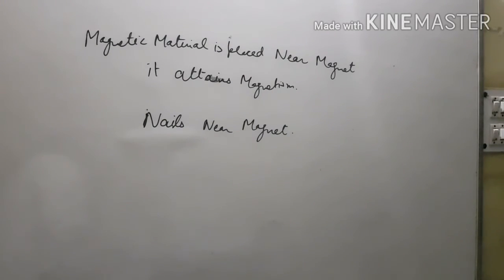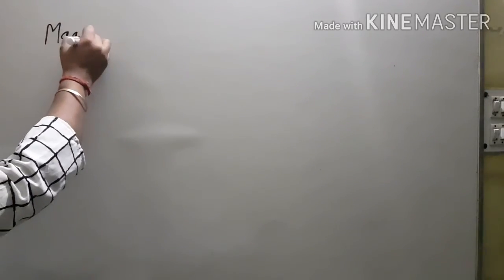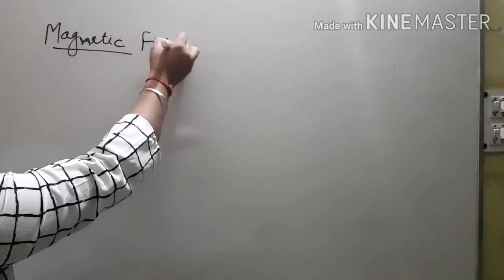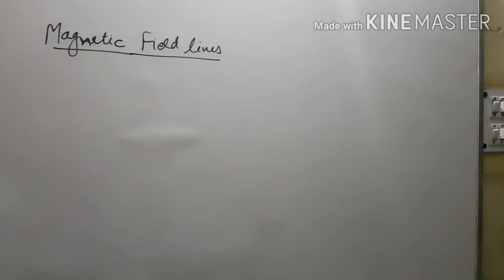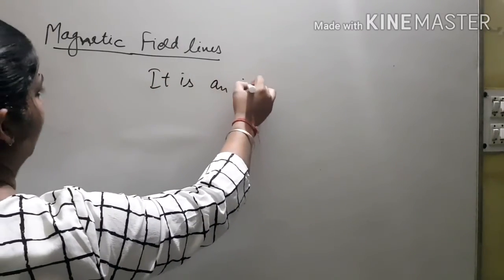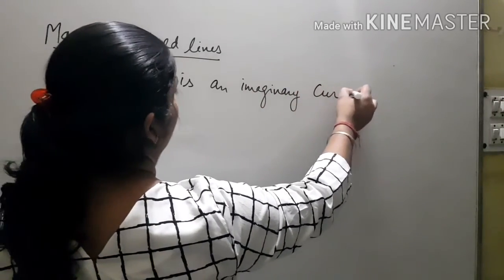Now I am telling about magnetic field lines. So what are magnetic field lines? These are imaginary curves.